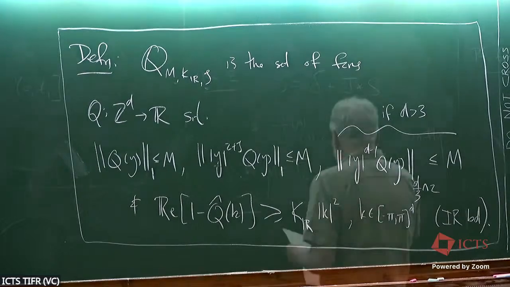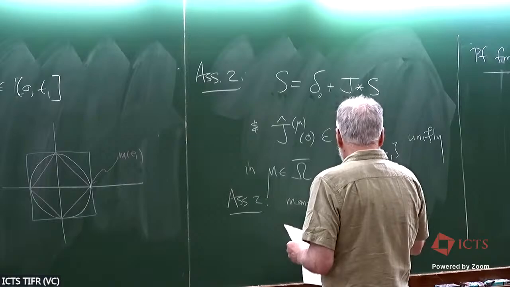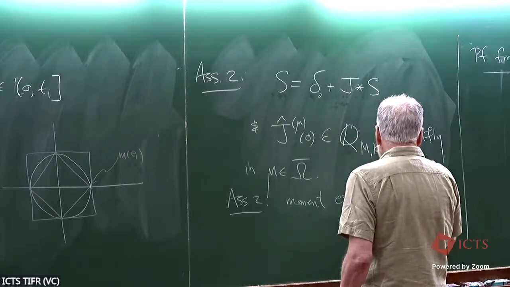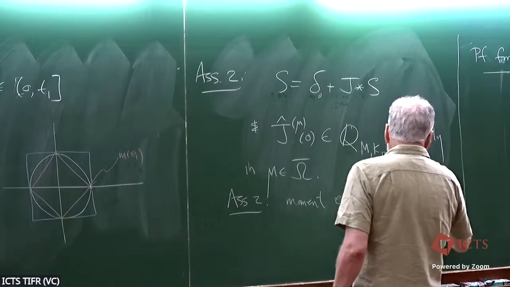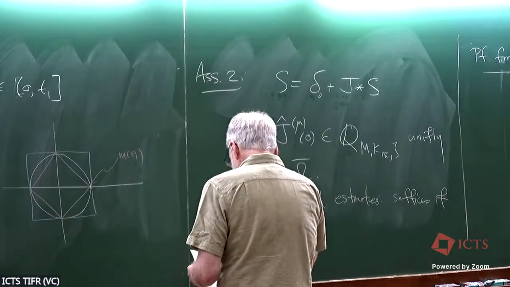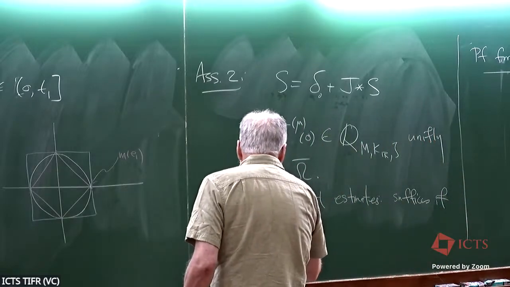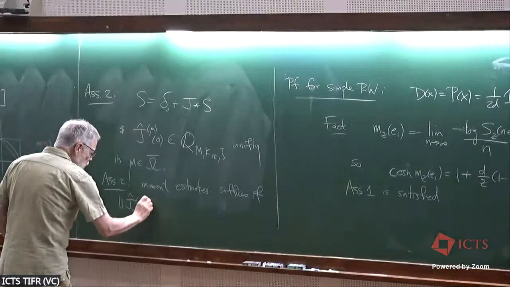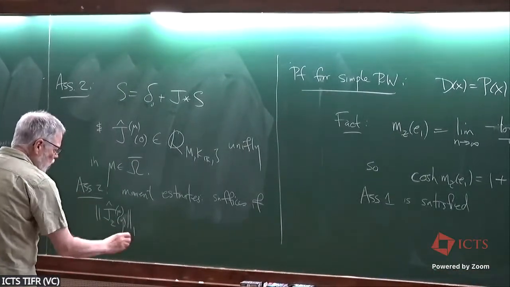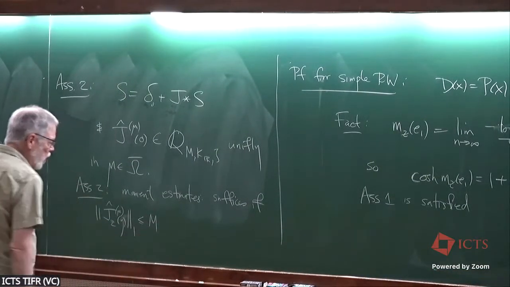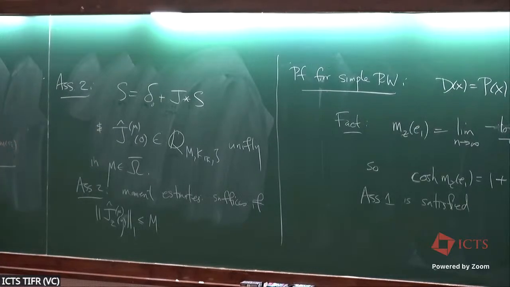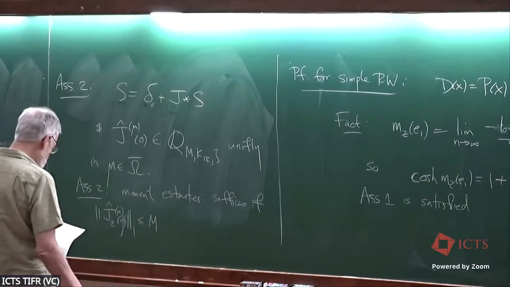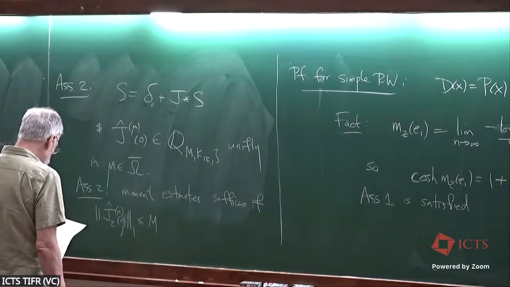So it suffices. All you need to do is to check that the norm of the tilted J, the sum over Y of the hat mu of 0, is less than or equal to M. That'll cover them all, actually, because the L1 norm is bigger than the other norm, if D is bigger than 3.